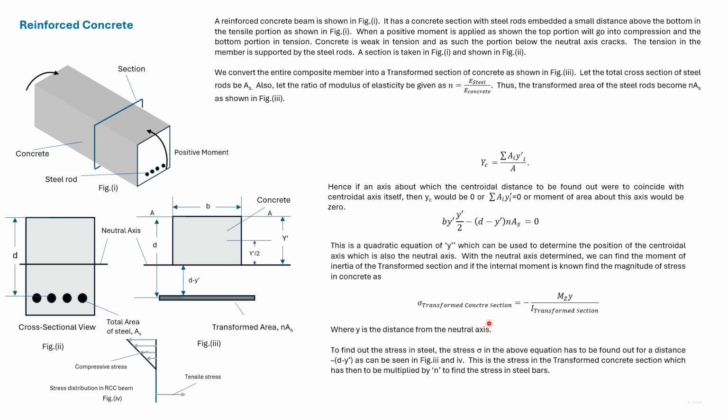So we can substitute that value to give stress in the transformed section where steel is located. Once we have that stress, we can multiply the stress by n to get the actual stress that acts in steel. We can substitute y as y dash to get the maximum stress in concrete using the flexure formula.